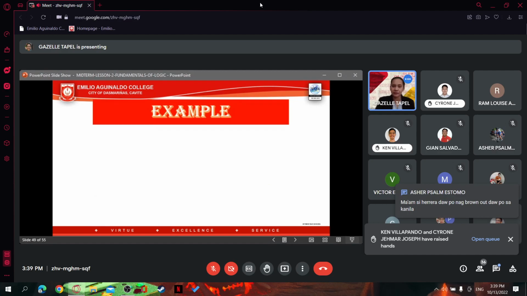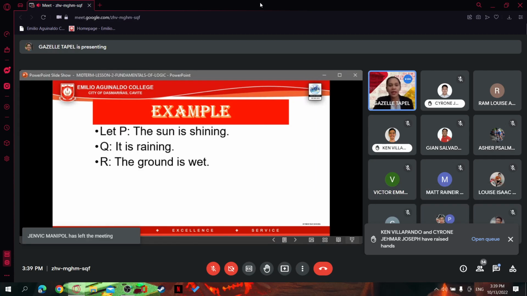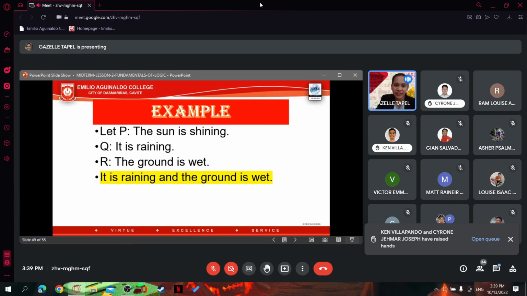Same given. Let P be the proposition that the sun is shining, Q it is raining, R the ground is wet. Okay, it is raining and the ground is wet. Write in symbols. It is raining and the ground is wet.